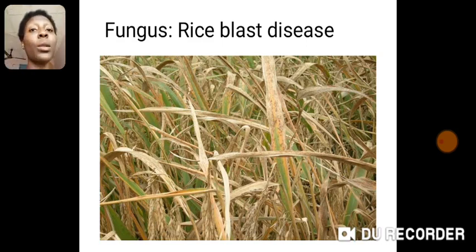It should be all green, uniformly green, including the grains, including the leaves. But where you see yellowing on the leaves and even on the grains, then it shouldn't be. It's not healthy. It has been affected by this fungus species that causes the rice blast. So this is a picture of rice blast disease on the rice crops.